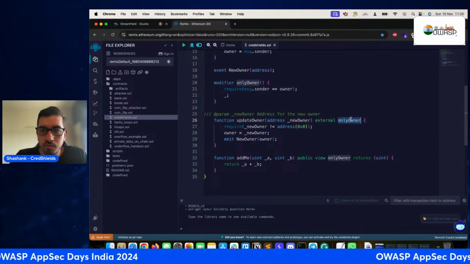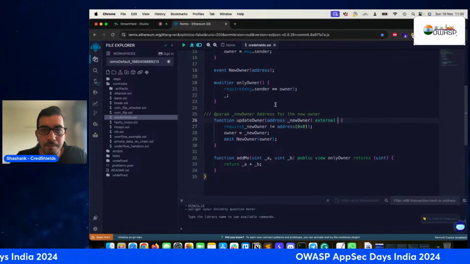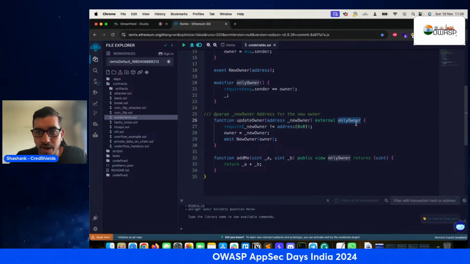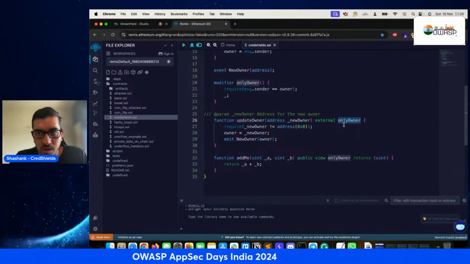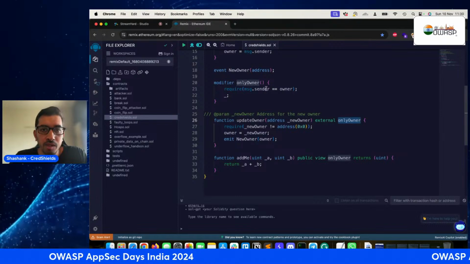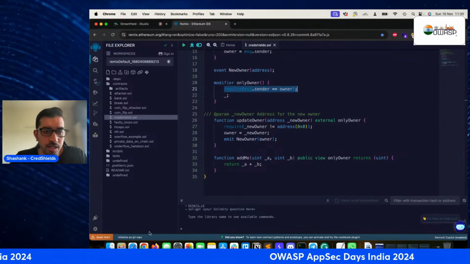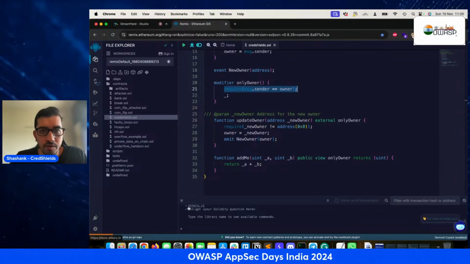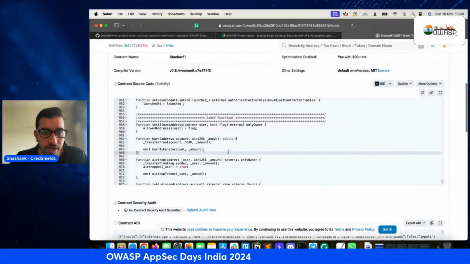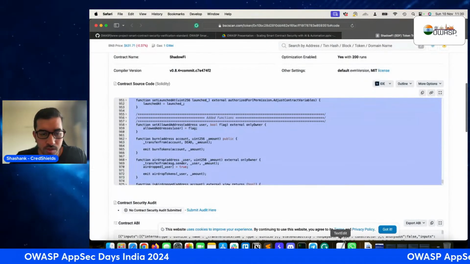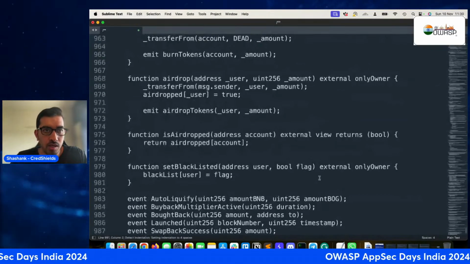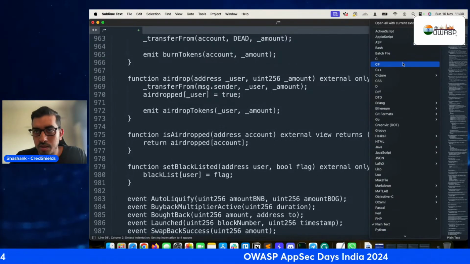So if I remove only owner from here, anyone can call this. But if I have this only owner in place, then it will check who is calling the function. If we see the code of the Shadowfi, let me put it in a, one second.